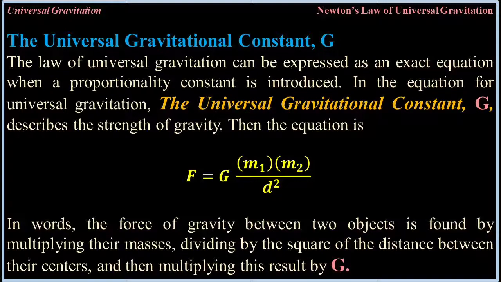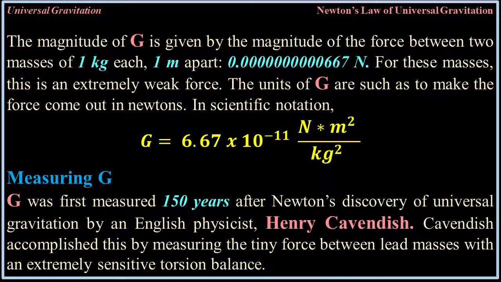In words, the force of gravity between two objects is found by multiplying their masses, dividing by the square of the distance between their centers, and then multiplying this by G. The magnitude of G is given by the magnitude of the force between two masses of 1 kilogram each, 1 meter apart. For these masses, this is an extremely weak force.